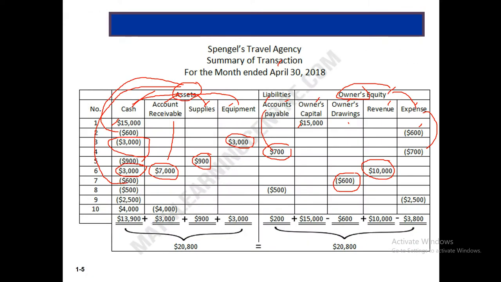That means we are paying 500, accounts payable will be decreased and our asset 500 will be decreased, and the expense has previously been recorded in our owner's equity expenses category, so now it doesn't affect owner's equity.